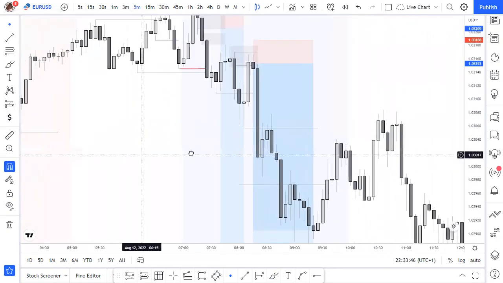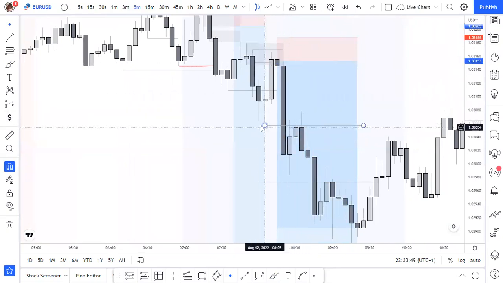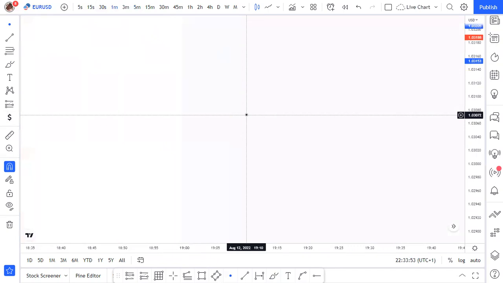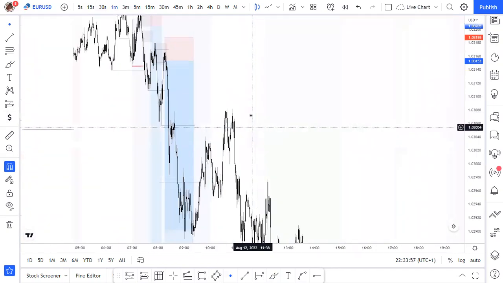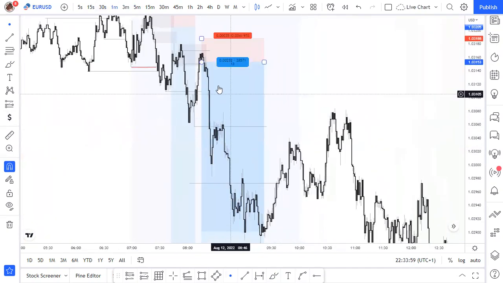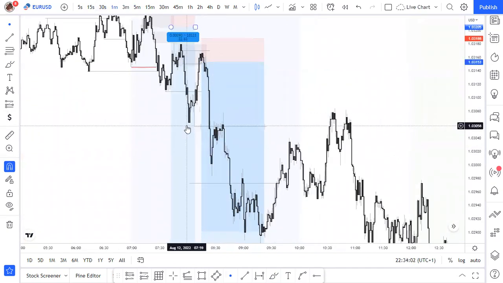So at first I moved my stop loss to break even when I got this 1 minute break structure here.